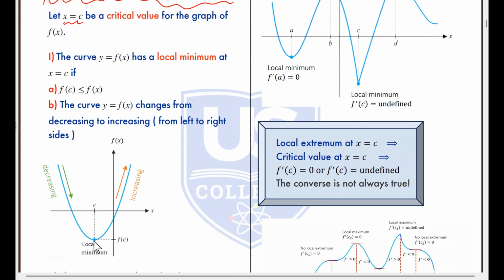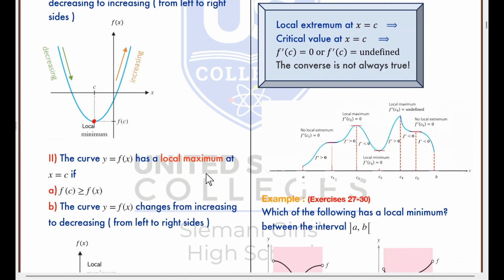At c, the point is the minimum point around, so we can say this point is a local minimum. In other words, if the curve changes from decreasing to increasing from left to right, then there is a local minimum.